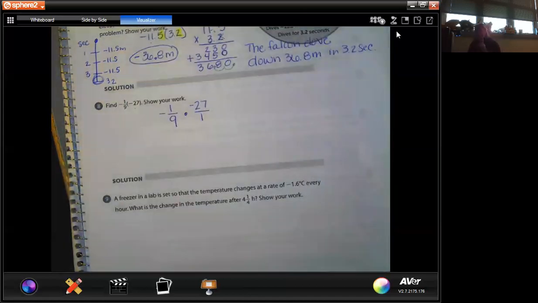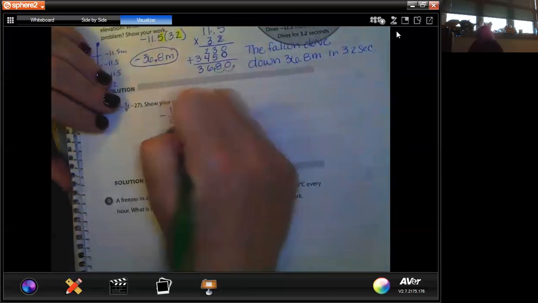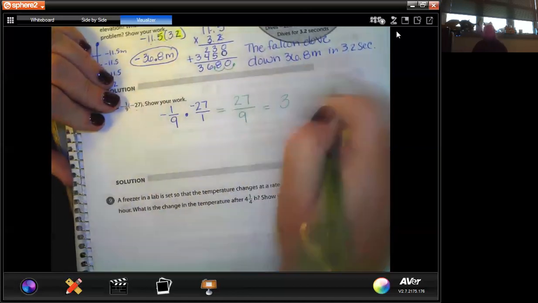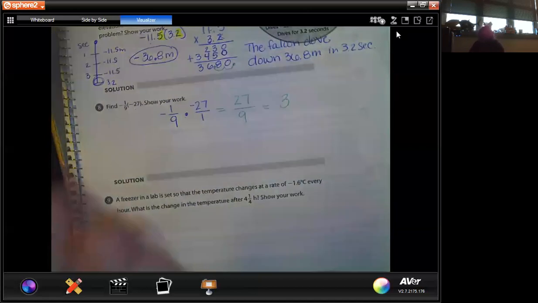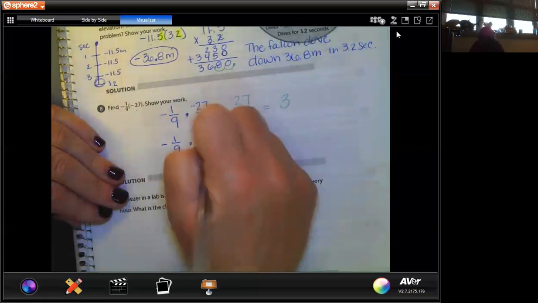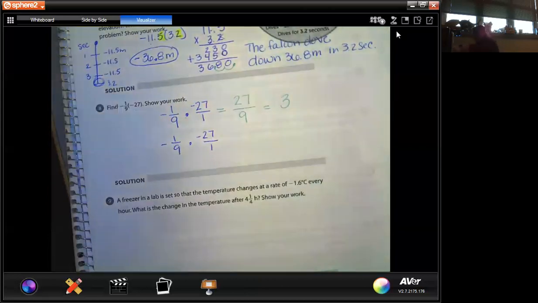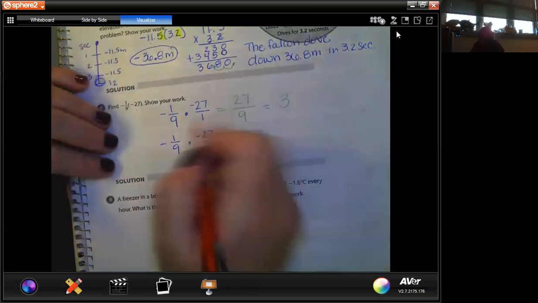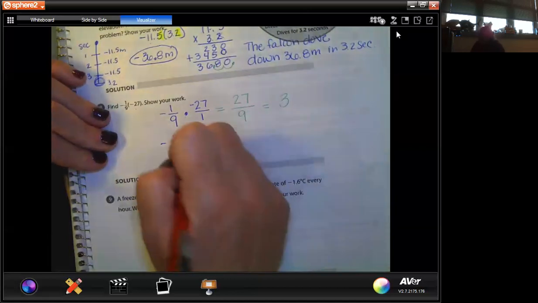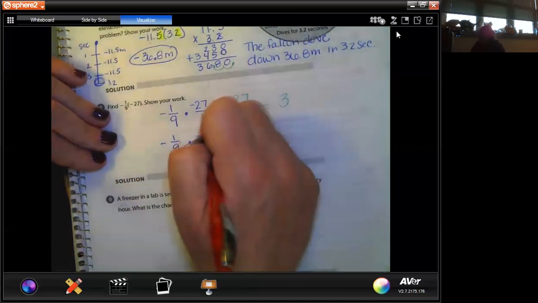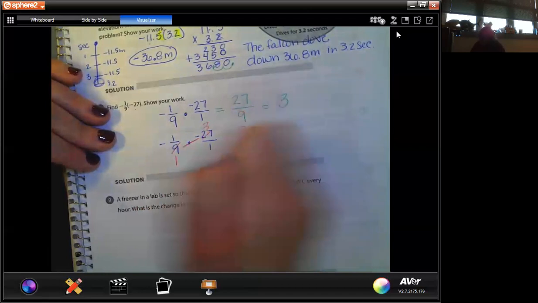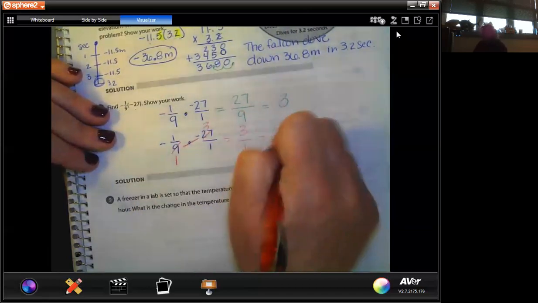Method number 1, you can multiply the numerators, multiply the denominators, and then reduce it down. You could do that. Method number 2, my favorite method, is cross simplifying. Is there a number that goes into 9 and 27? Yes, 9. 9 goes into 9 once, 9 goes into 27 3 times, and now multiply it through. 1 times 3 is 3, 1 times 1 is 1, which simplifies down to 3 over 1.